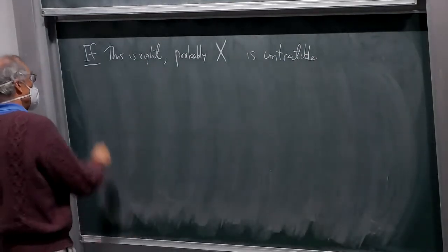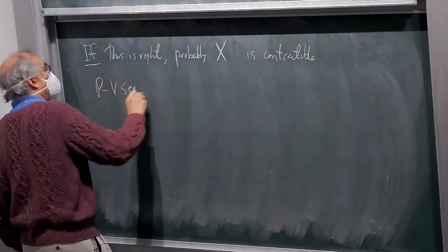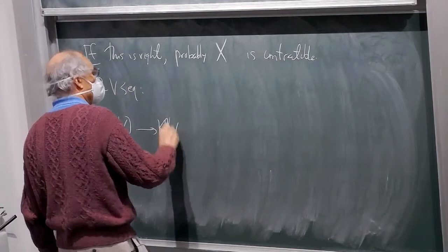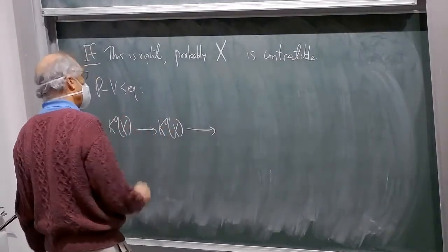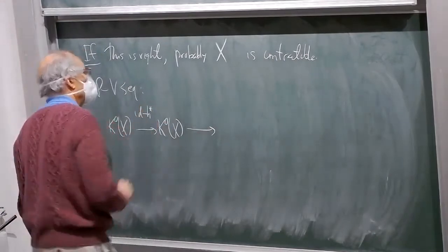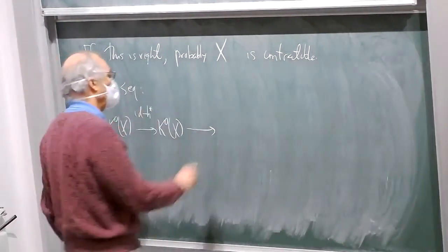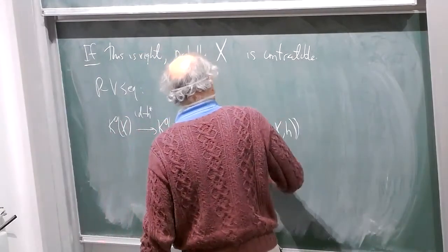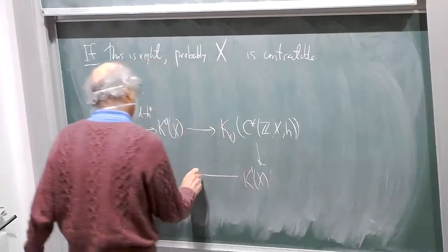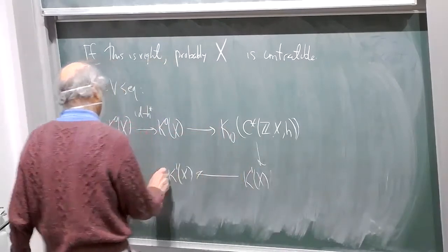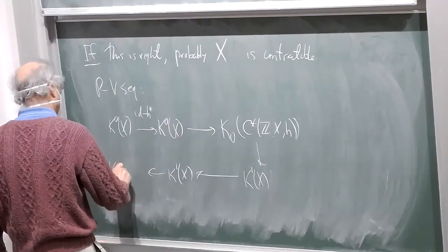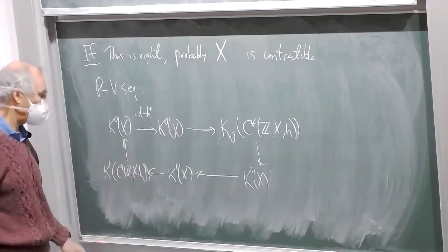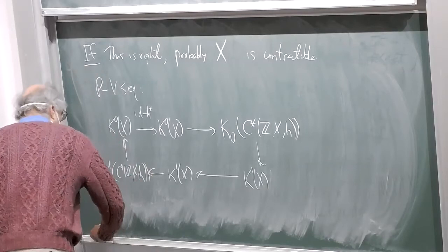So the Pimsner-Voiculescu sequence gives K0 of X to K0 of X, this is identity minus h upper star, or maybe h inverse upper star, to K0 of C star of Z, X, h, and K1 of X to K1 of X to K1 of C star of Z, X, h.